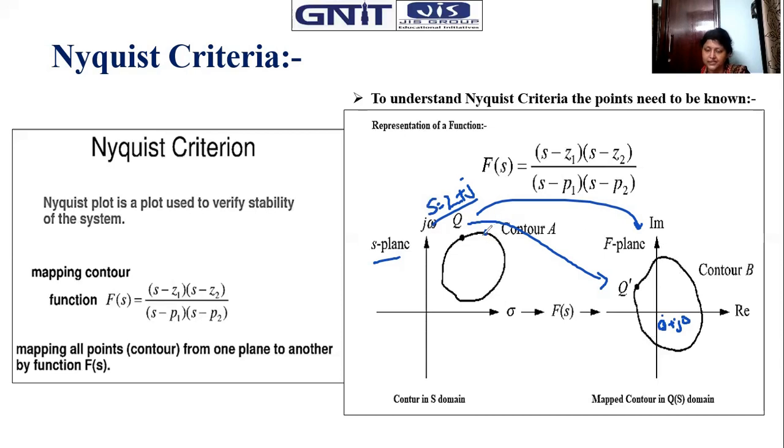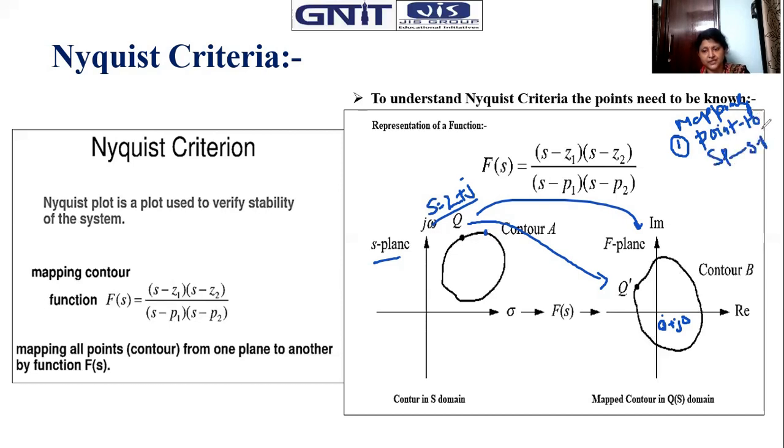Okay, so we have an assumed contour, and each point on the contour we want to map here. Our assumption is that one point will be mapped to the contour singly. That means one point will be mapped to a single point in the mapped contour.